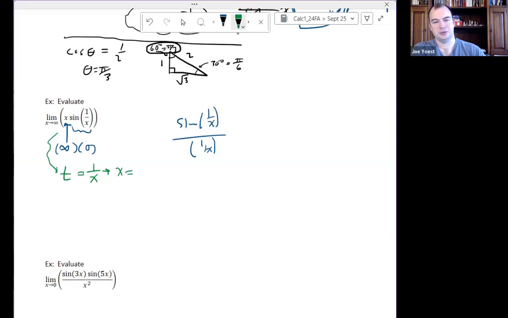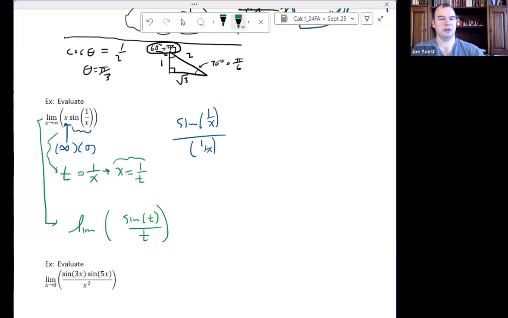So then x equals 1 over t. So this limit would be the limit of what? Sine of t, and then x is 1 over t, so sine of t over t. So I've switched all my x's into t's.